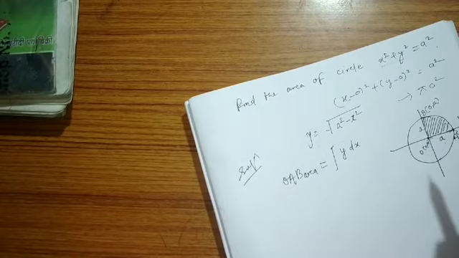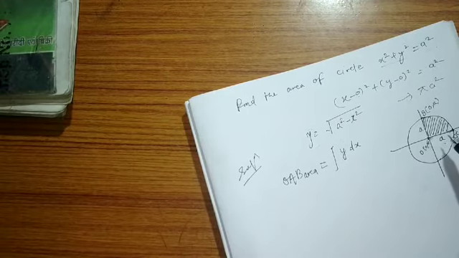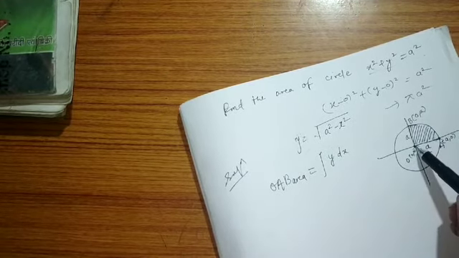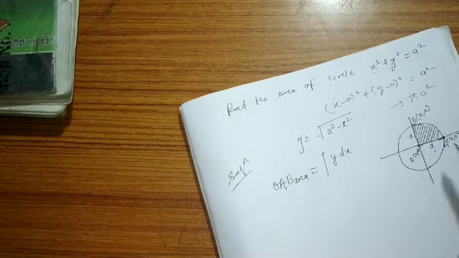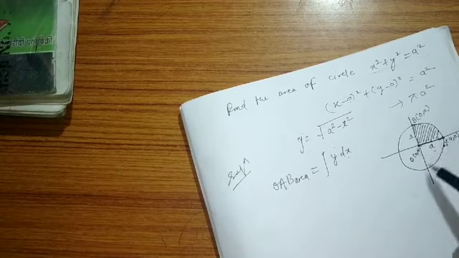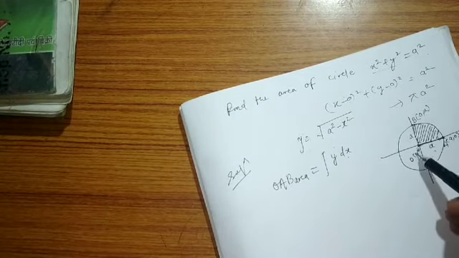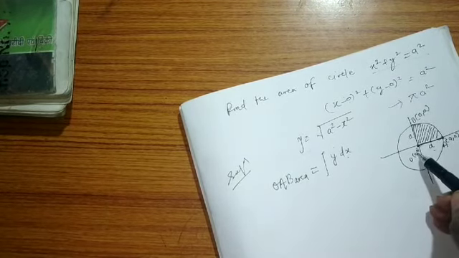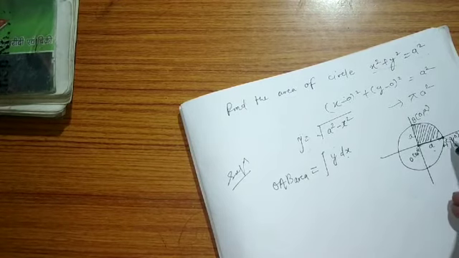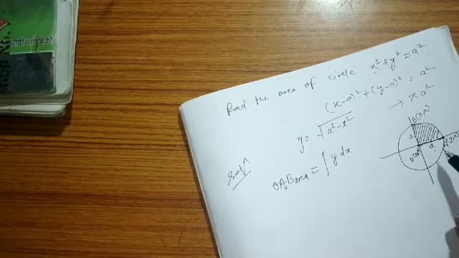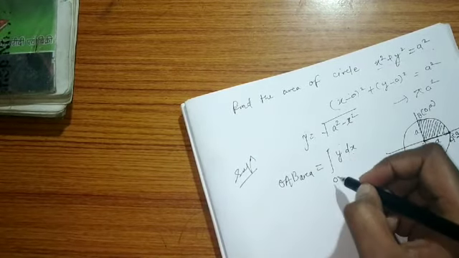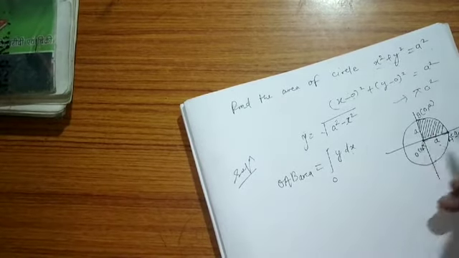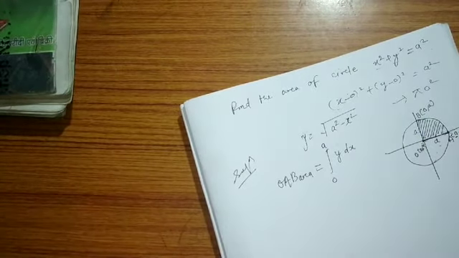The limits will be the change in the x-axis. Here the value of x is 0, and here the value of x is a. So the change in x is 0 to a. The lower limit is 0 and the upper limit is a.